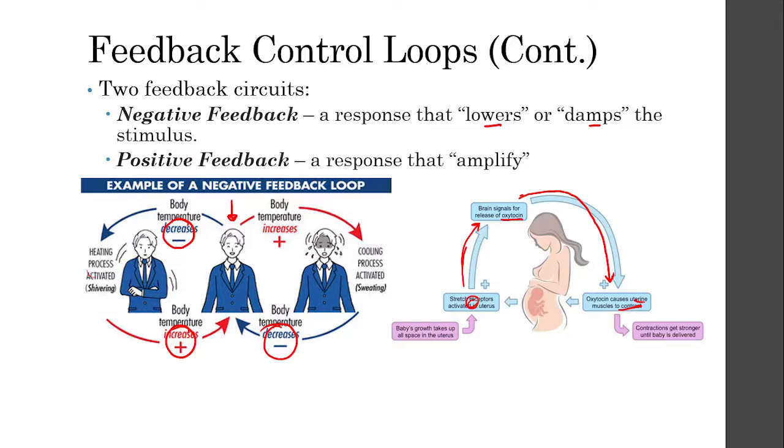So again, for a negative feedback loop, we are dampening or reversing the effect that is happening in the body. As for the positive feedback loop, we want to increase what is happening in the body, as in our example, the pregnant lady.